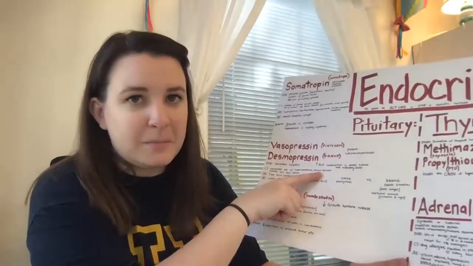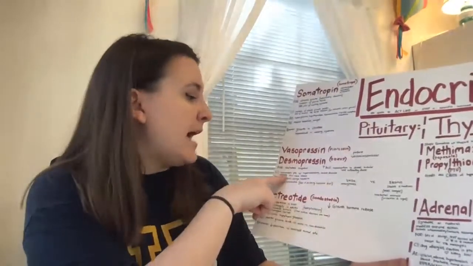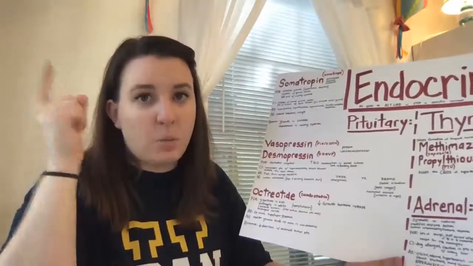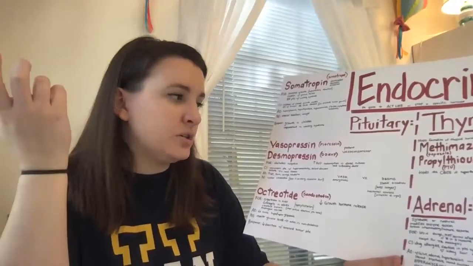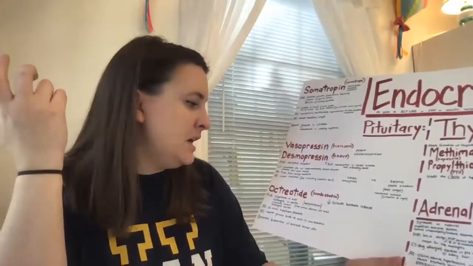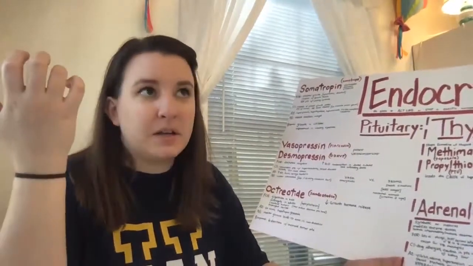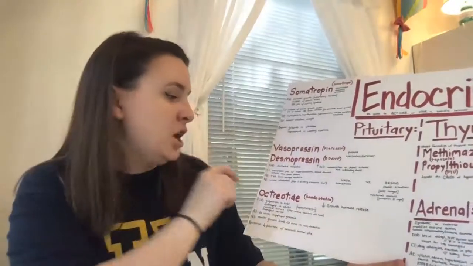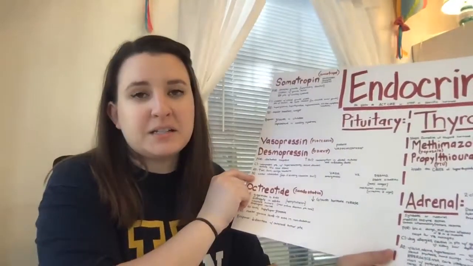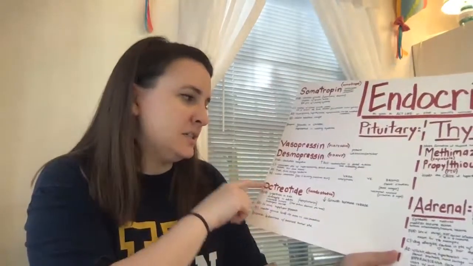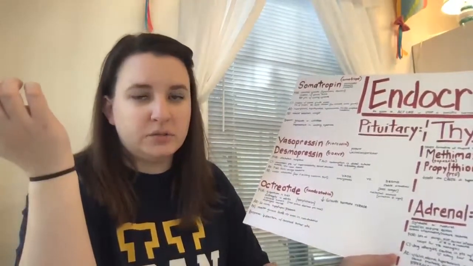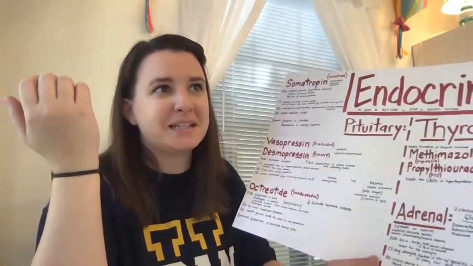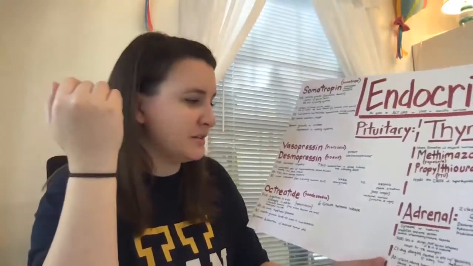Also contraindicated in patients who have seizure disorders, asthma, or heart or renal failure. These drugs are going to increase water reabsorption in the distal tubules and the collecting ducts. The adverse effects are going to be increased blood pressure, fever, vertigo, and possibly a headache. A nursing implication is water intoxication, especially if the patient is drinking excessive water, because they'll have too much water in their system.